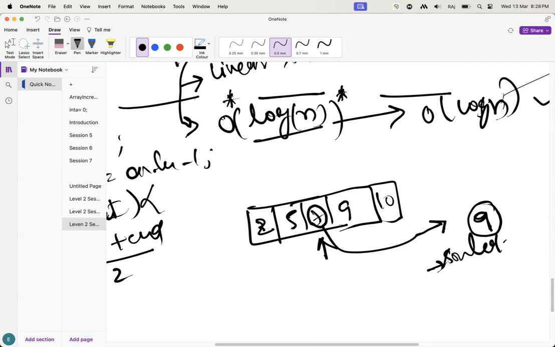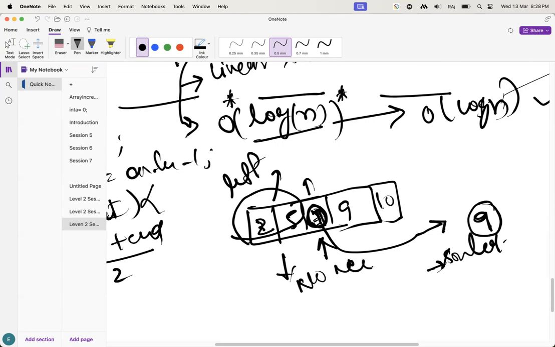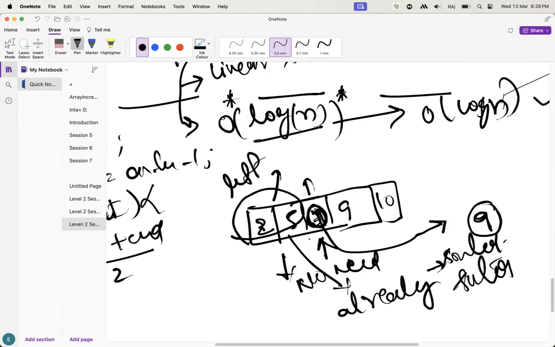Let's suppose the target is greater than the middle element. Do I need to search the left side of the middle one? No need. Why, guys? Because this array is already sorted. If the middle element is already less than the target element, then there is no use checking the left side of this array. Right, guys?